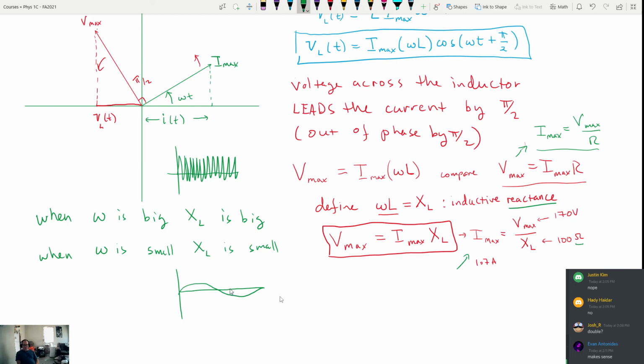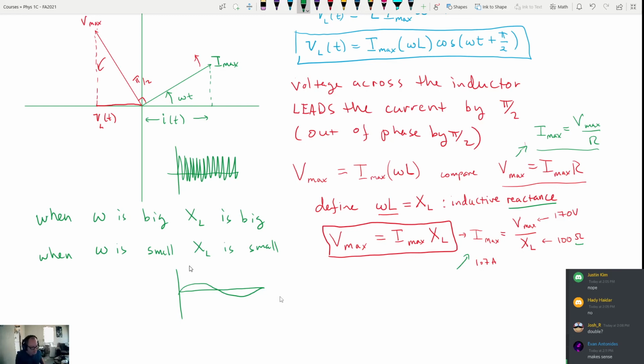And when the rate of change is small, the inductor just isn't doing as much. The inductor has plenty of time to get its magnetic field set up, and then plenty of time to release the magnetic field without big spiky changes.